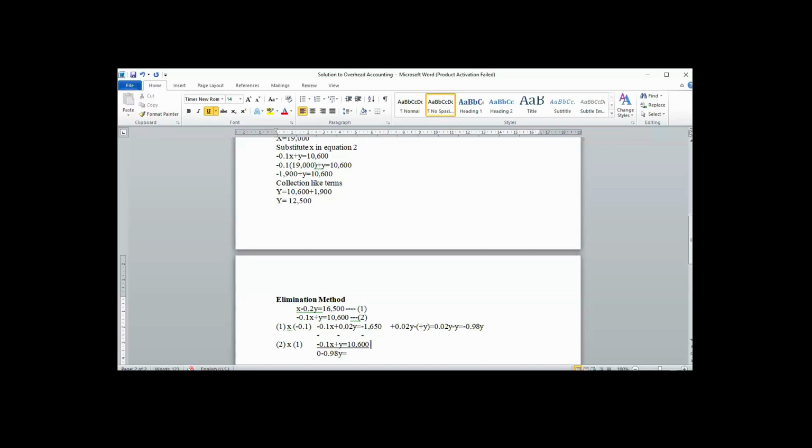You are adding it. You retain the negative. You are owing somebody 1,650 and you are owing another person 10,600. How much is your total liability? That's 10,600 plus 1,650.